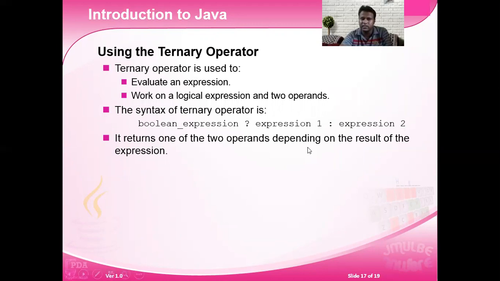If your condition is true, then it returns expression 1. If your condition is false, then it returns expression 2. So that is called the ternary operator. First, it checks the condition. If true, it returns expression 1. If false, it returns expression 2. So let's take an example.